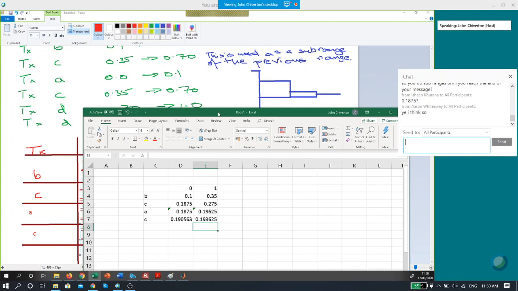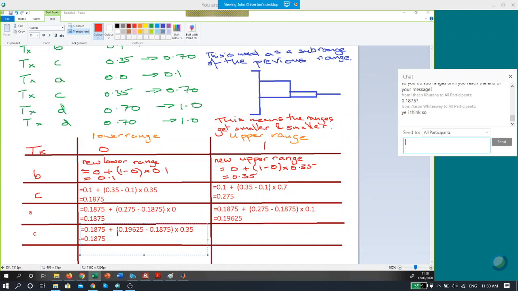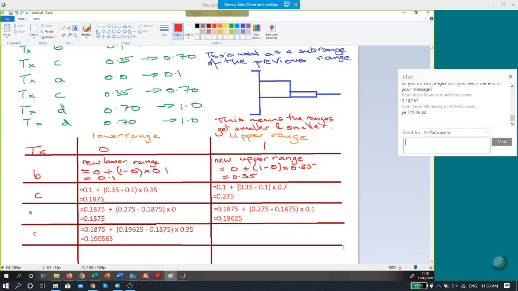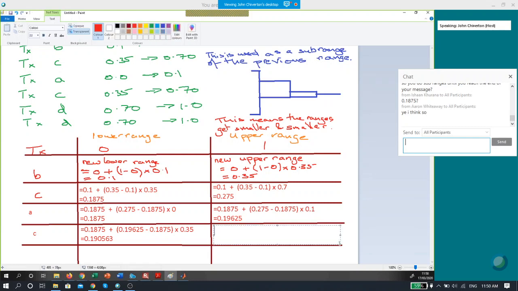Right, so next one is we've got that rating, haven't we? So that's 0.190563 there. And over here, do the same. No, it's not going to let me. Forgot to do the copy.